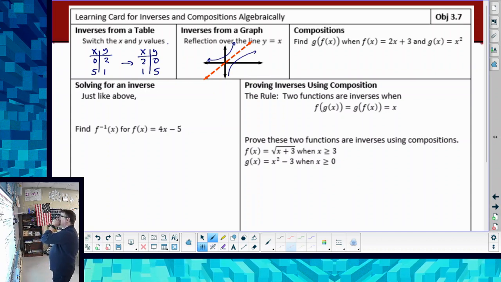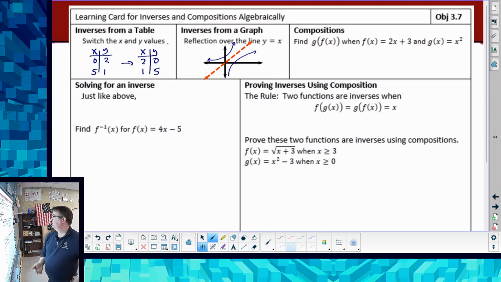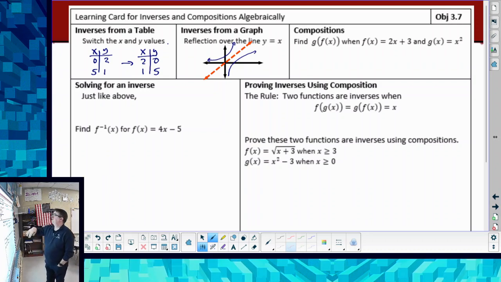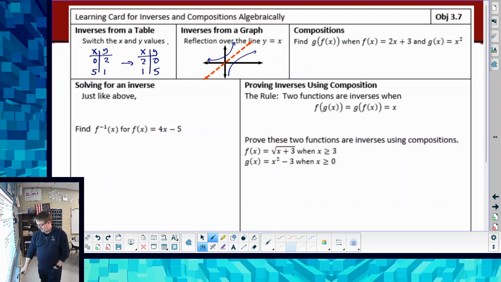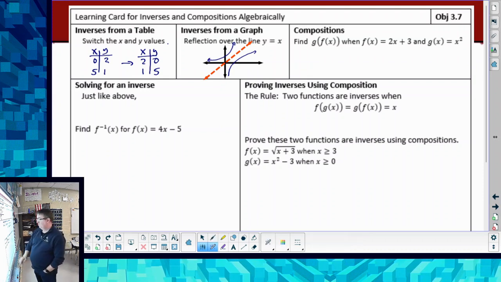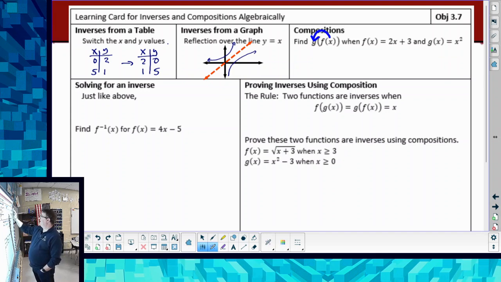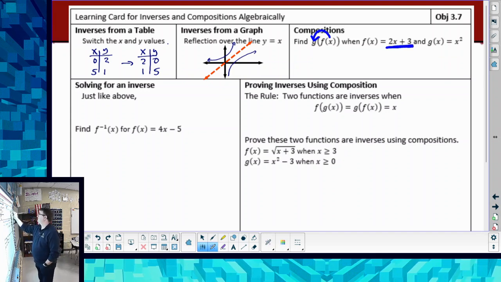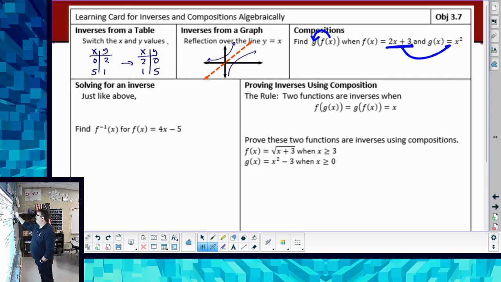And then the last one, and this is the new thing for compositions, is to find g of f of x. I'm going to take f and plug it into g, which means I'm going to take this whole thing and plug it in where x is.